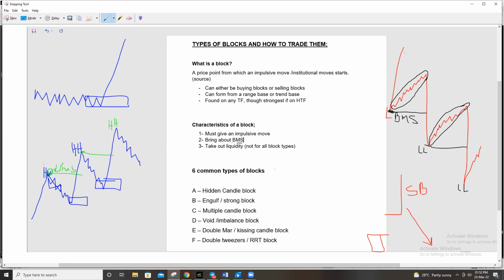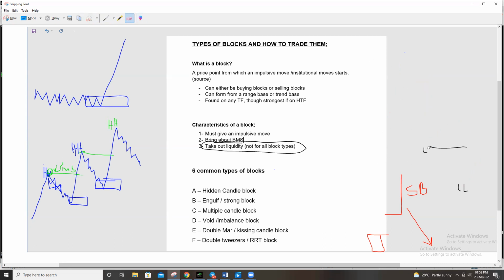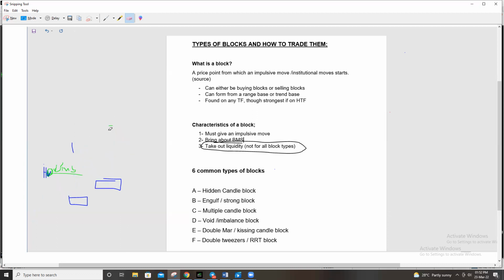So this is not compulsory for all types of blocks. We'll go through which types of blocks do take out liquidity and which ones don't. We have the 6 common types that we'll be discussing in this video. I'm not sure if there are more blocks out there, but these are the 6 common ones.